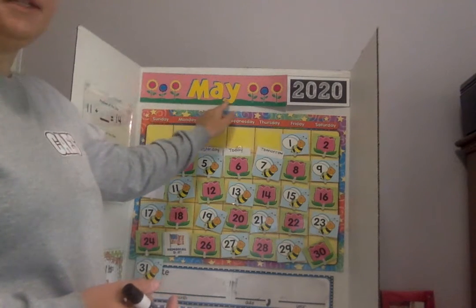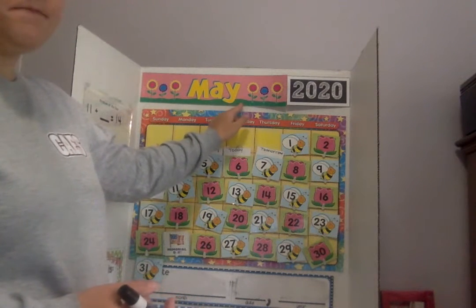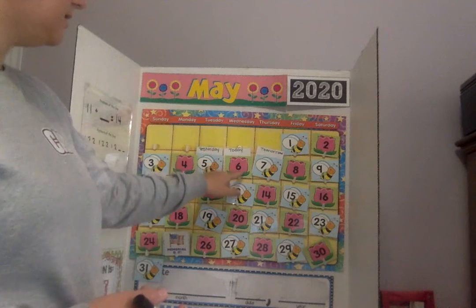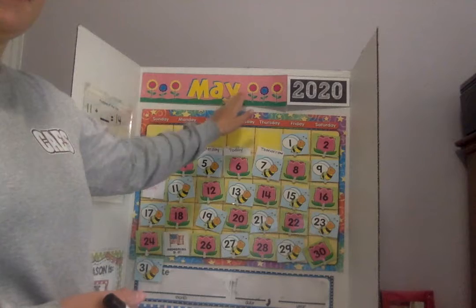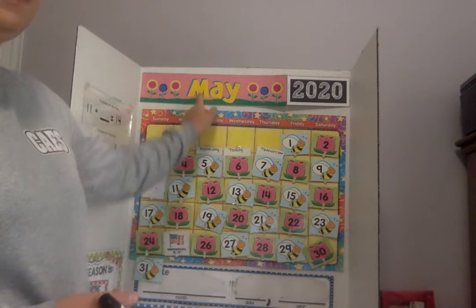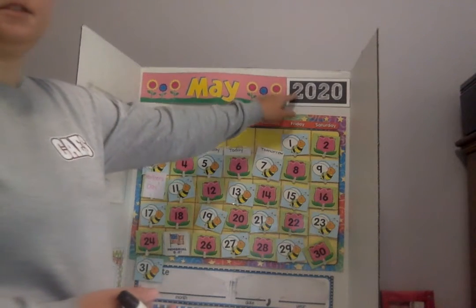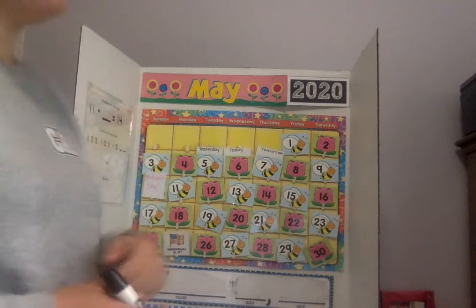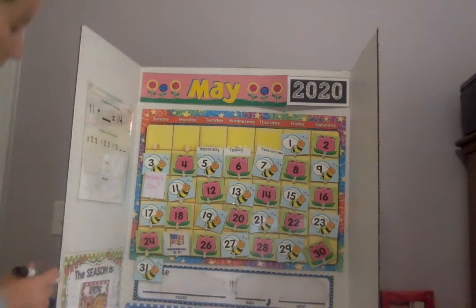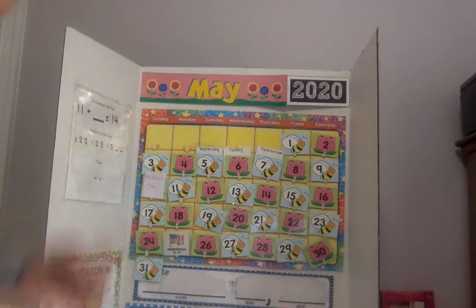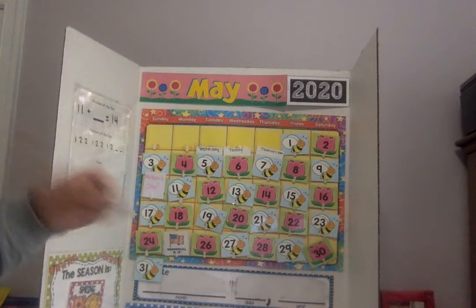The month is May, and our date today is May the 6th. So today is May 6th. The year is 2020. So today is May 6th, 2020. Let's write that together. Our month is May. Remember, it's going to begin with an uppercase M because it's a special name.